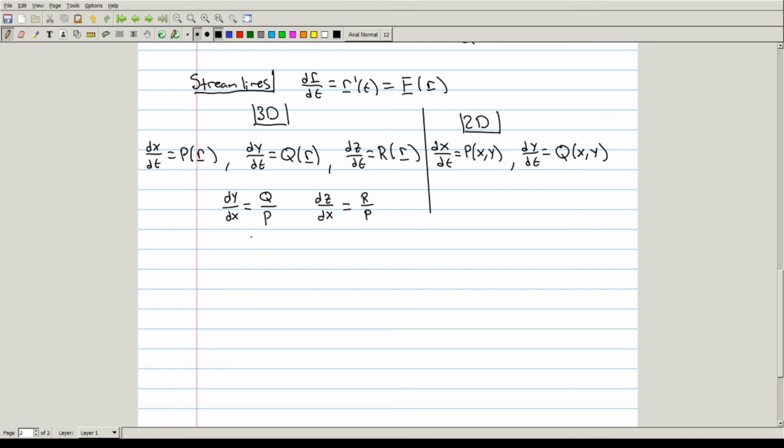And therefore, rewriting these equations, we get that dy over q is equal to dx over p. And from this equation right here, we have that dx over p is the same thing as dz over r.